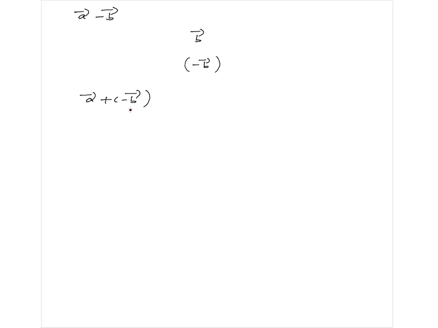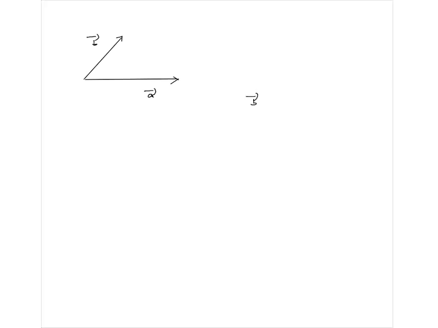So geometrically, suppose this is A, and this is B, and I'm looking for, say, B minus A. Then how would I do it? I would take minus of A first, which would be this.